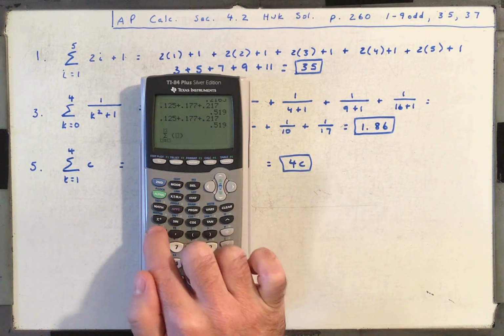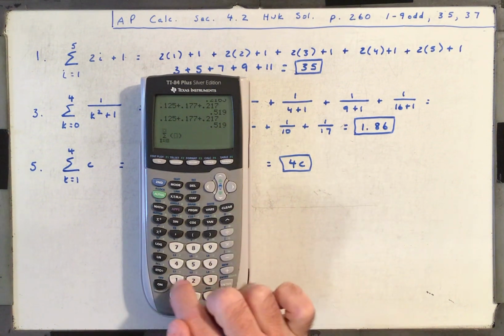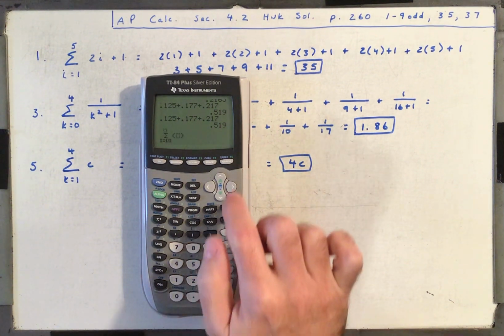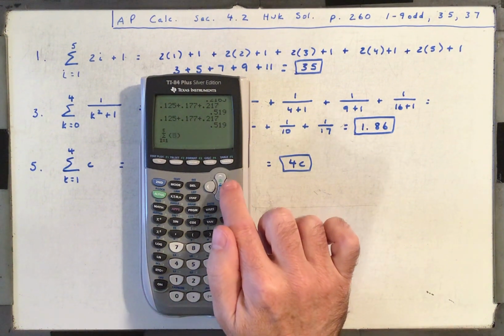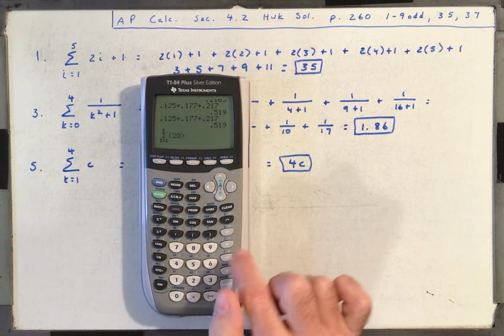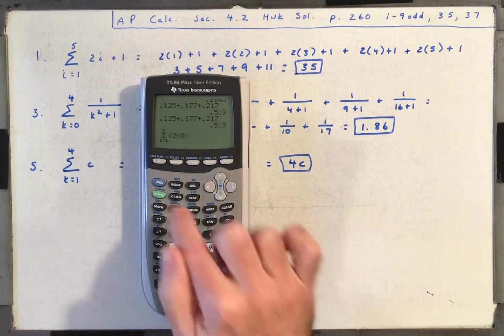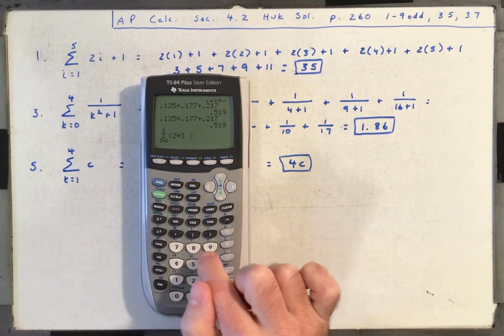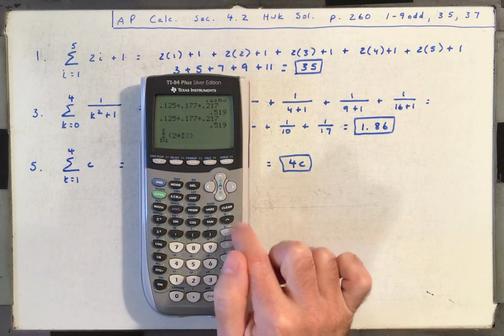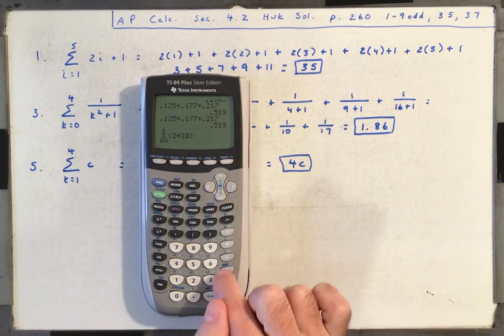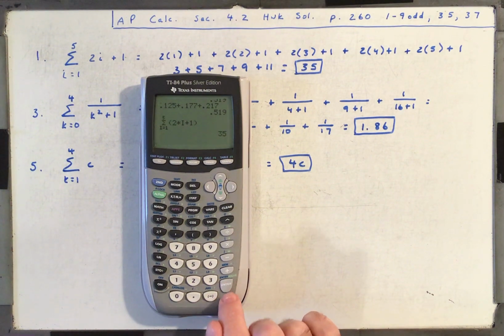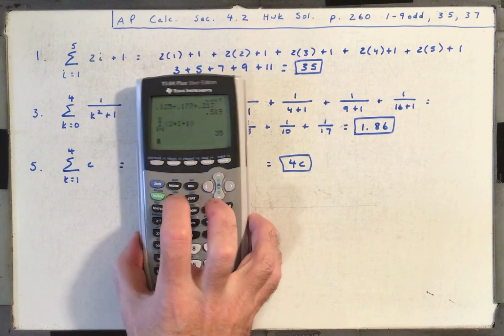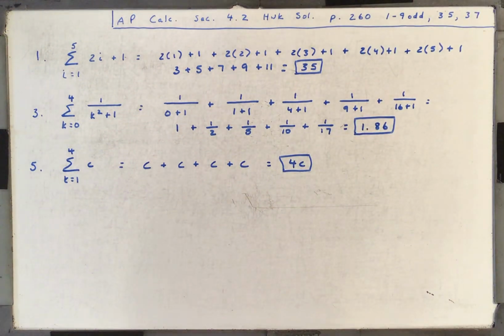It could be k, but if i equals 1 to 5, we'll do number 1 here, of 2 times i plus 1. And you get 35 there. Okay, so pretty cool that your calculator can handle that.